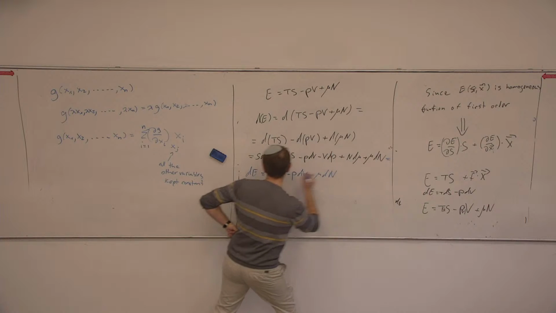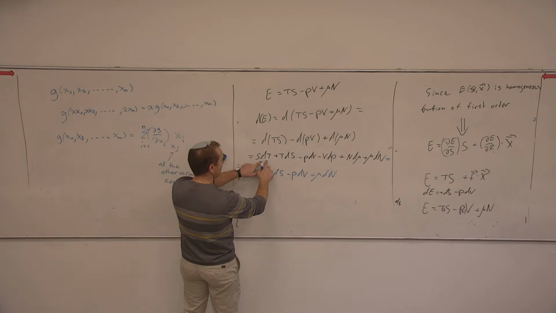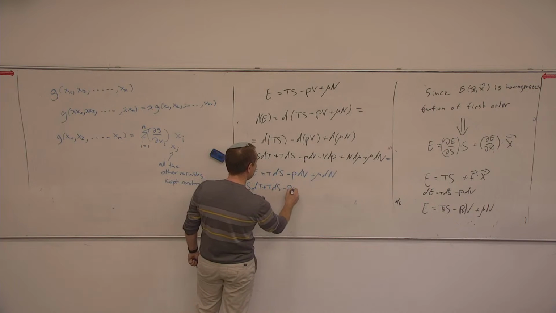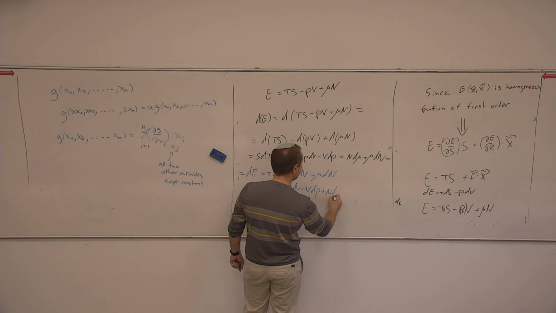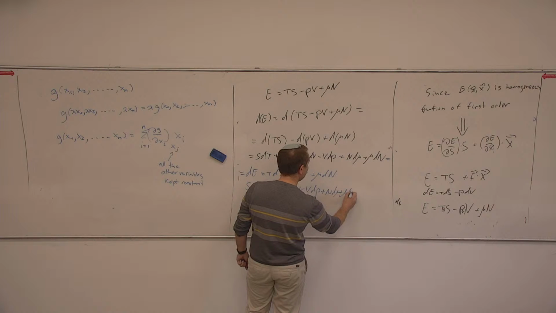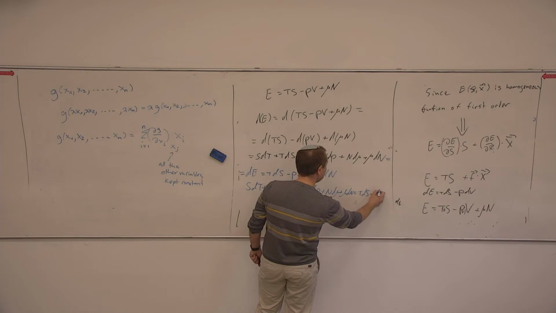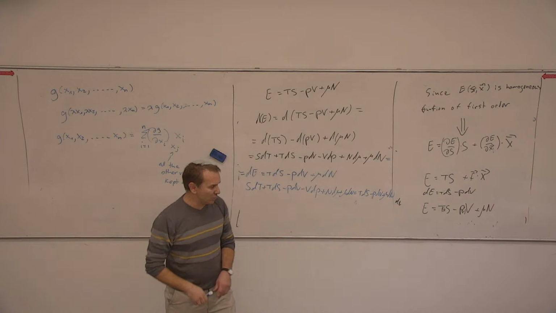So we have this equality. S dT plus T dS minus P dV minus V dP plus N d mu plus mu dN equals T dS minus P dV plus mu dN. We can cancel out a lot of stuff now.